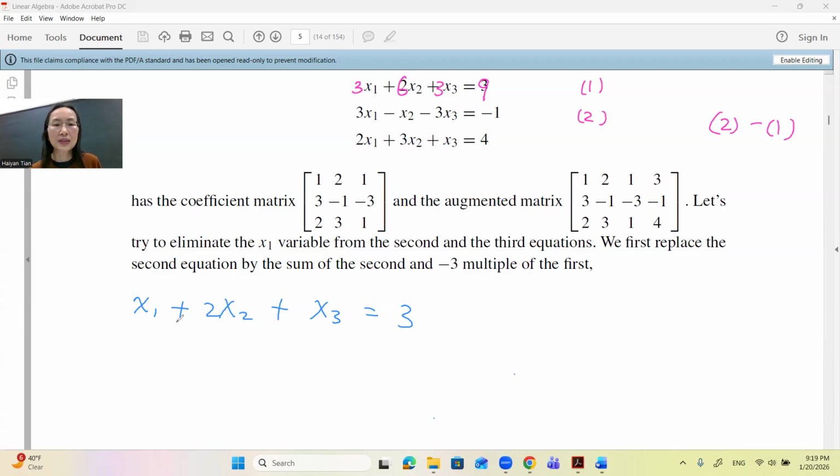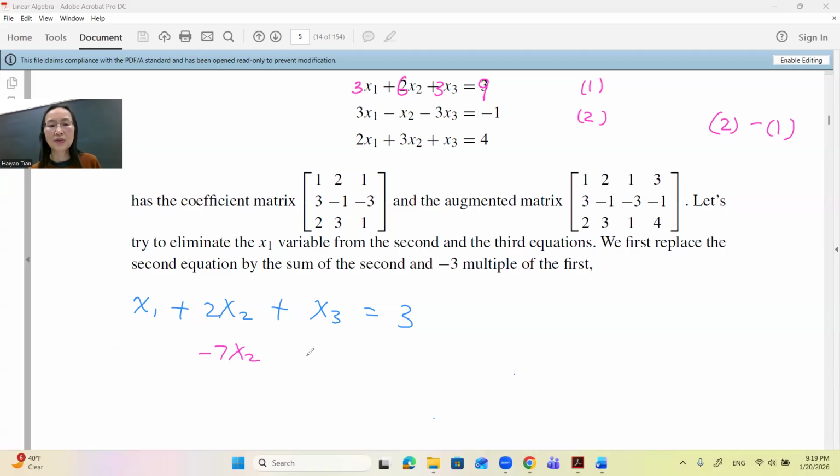So then second equation minus the first equation, there's a negative 7x2. Second equation minus first equation is negative... Okay, I need to line up. That is, I need to put negative 7x2 here.